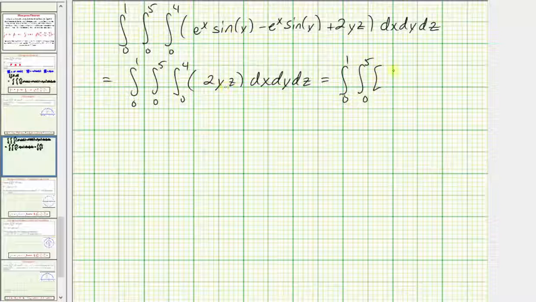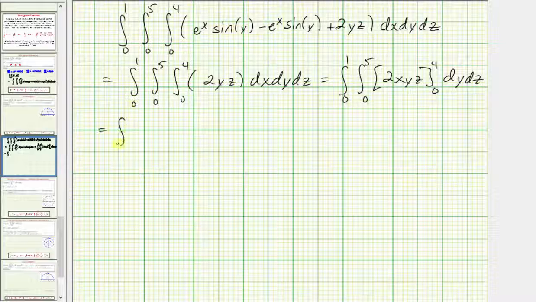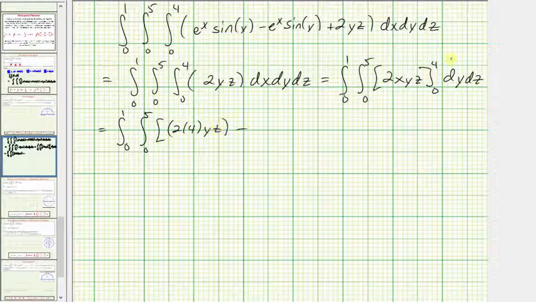The antiderivative would just be 2yz times x, or 2xyz. Performing substitution for x, we would just have 2 times 4 times yz, and then when x is 0, it's just 0.